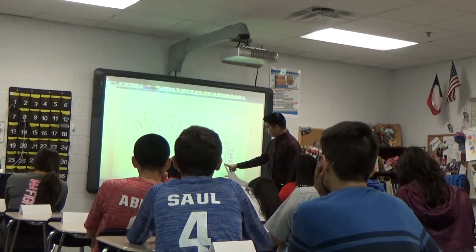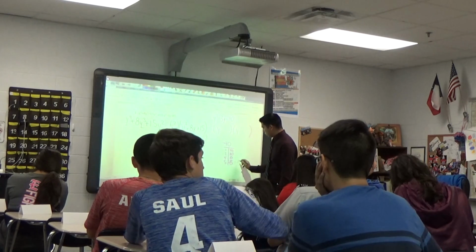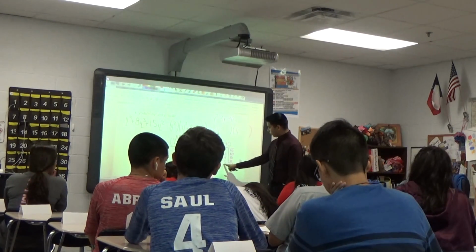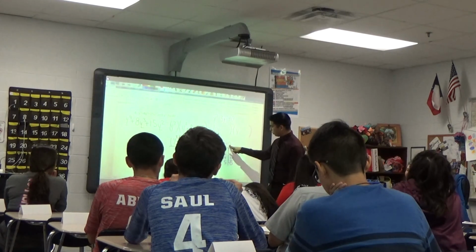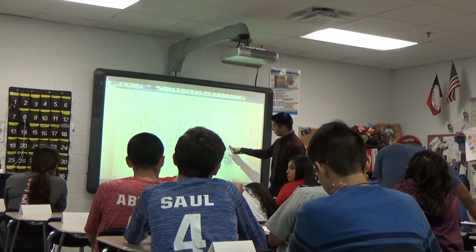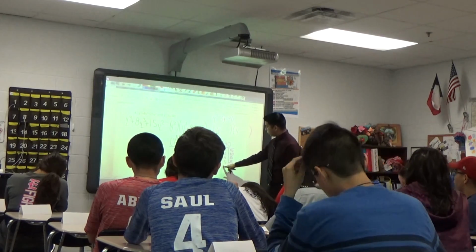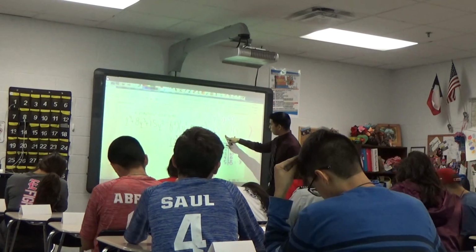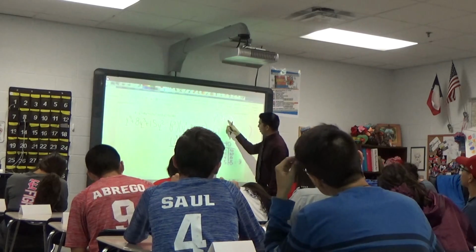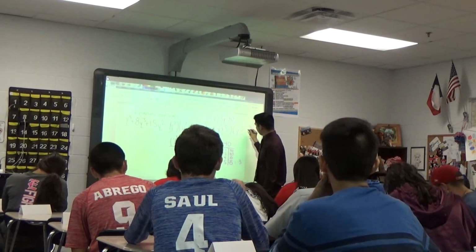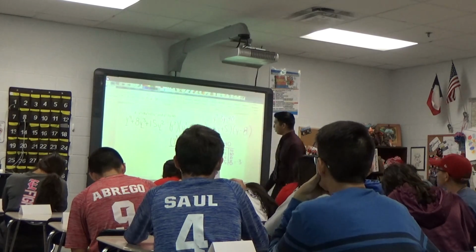So 5 minus 8, we get negative 3. 5 times negative 8, negative 40. So it looks like it matches. So then our factors for y squared minus 3y minus 40 are positive 5 and negative 8.